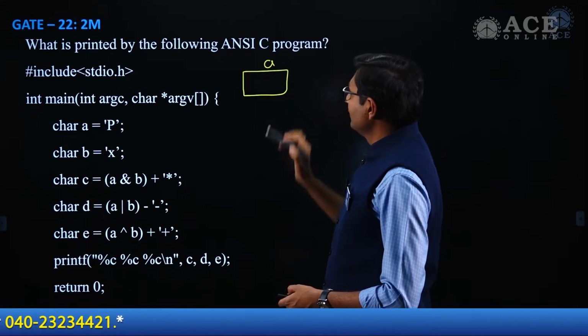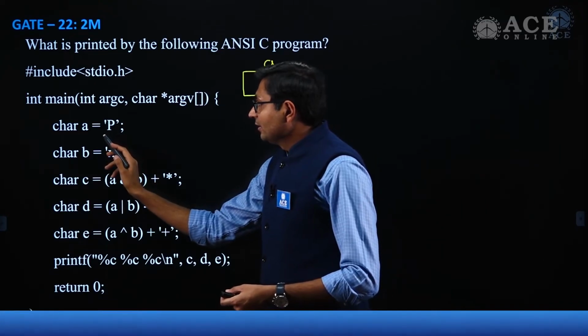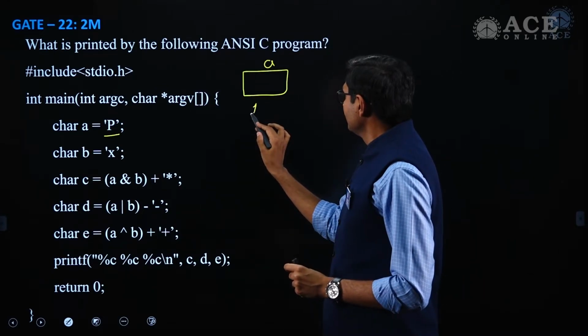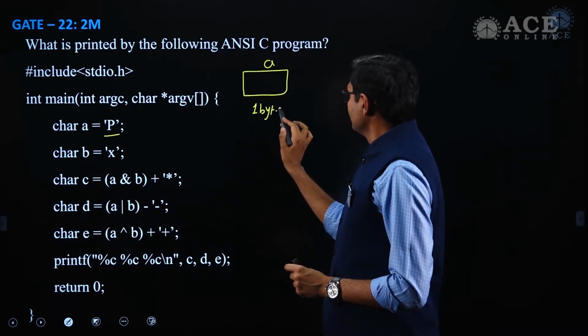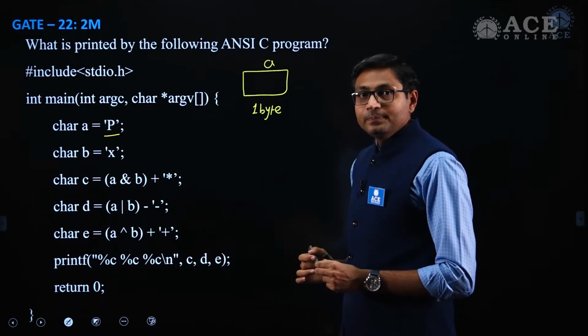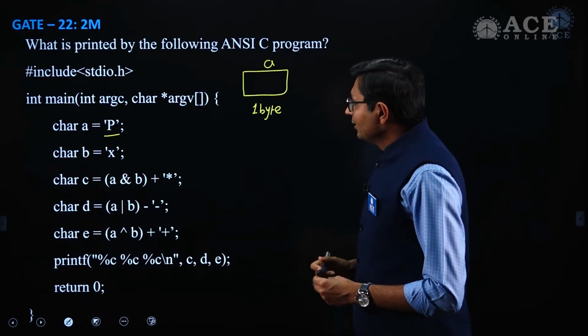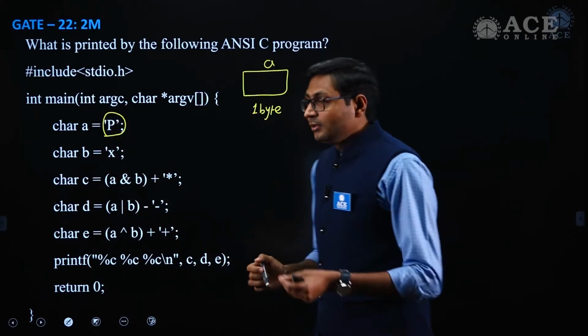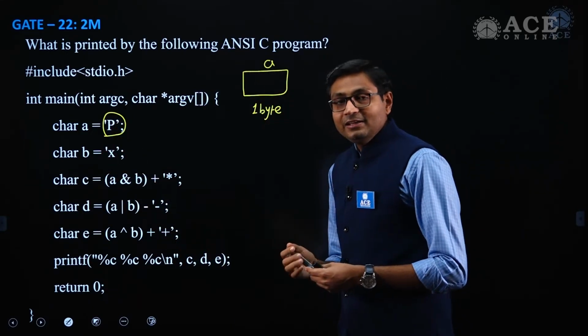The char A, we know that a character is 1 byte, isn't it? Means how many bits? 8 bits. Capital character P is stored in this variable A.